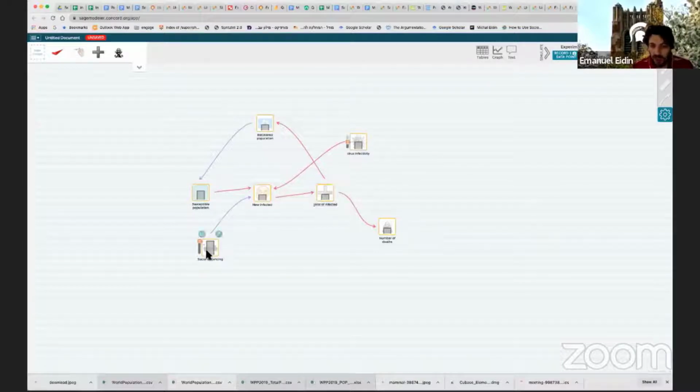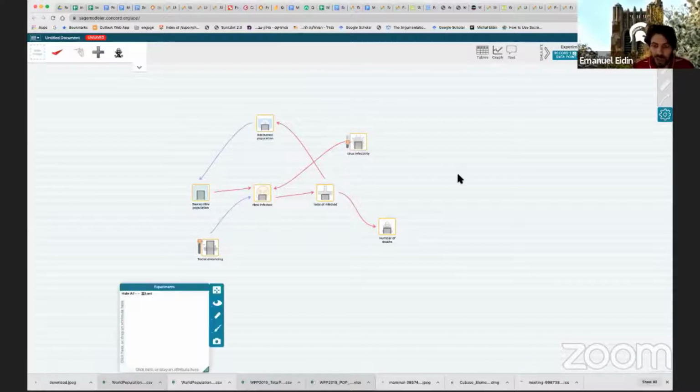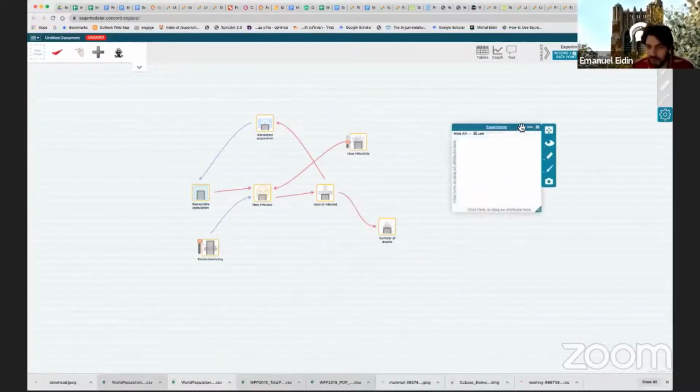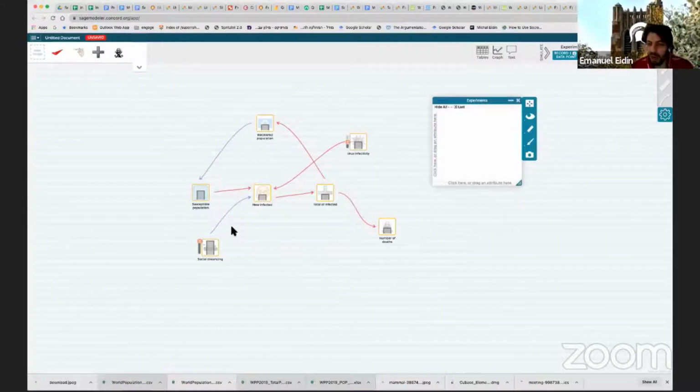To do that, I can create a graph. Sorry, my internet is pretty slow. I can create a graph and show the relationship between the two.